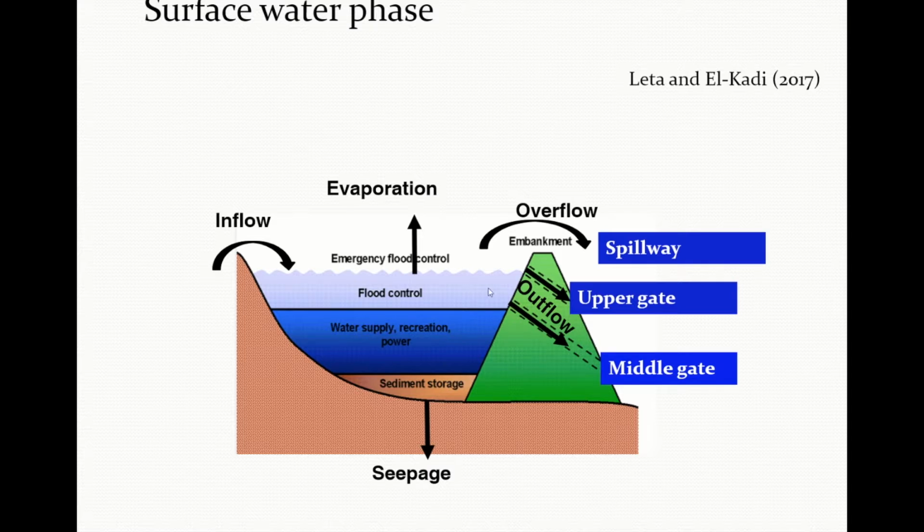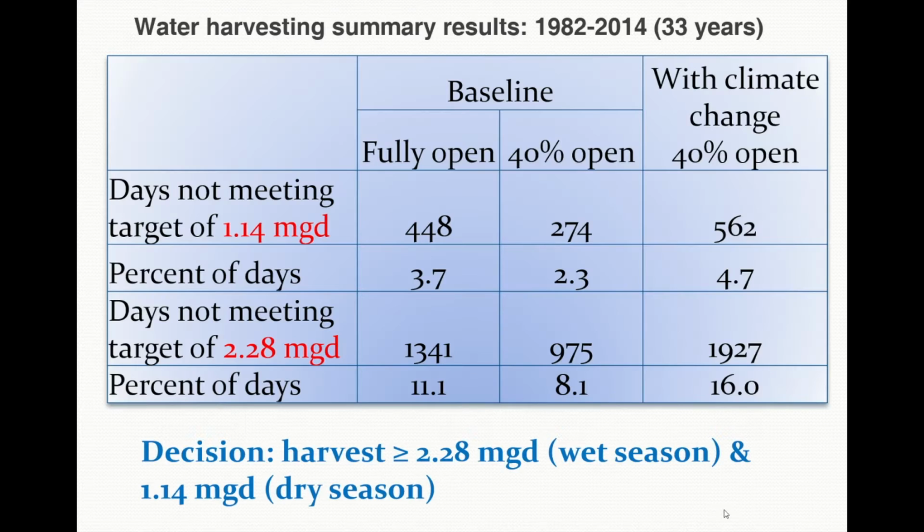And we have to provide space for flood control and use water supplies, fish protection, recreation, and power. So the idea was to optimize how much you can collect without violation of any of these constraints here. And we can see also the effect of climate change on these processes.